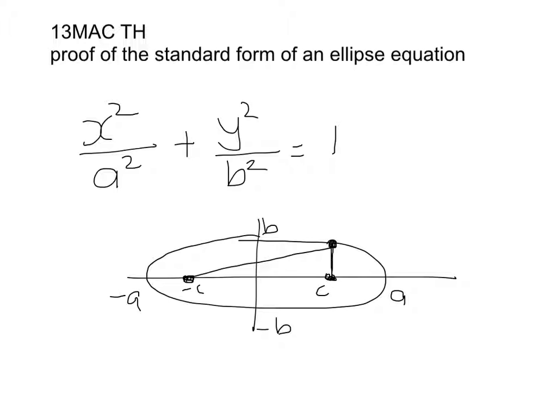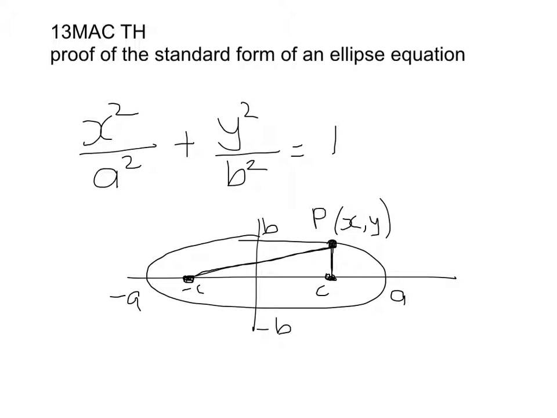Now, the definition of an ellipse is the locus of points such that when I take a point and impose the condition that the distance of that point from each of the foci added together is constant, I get an ellipse. So I'm going to try and say that again.